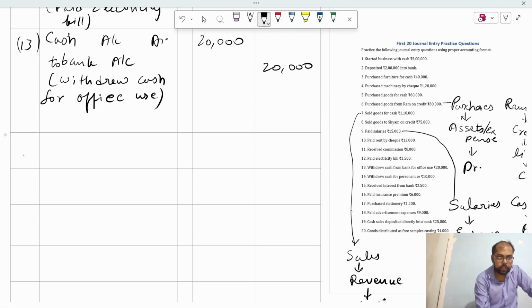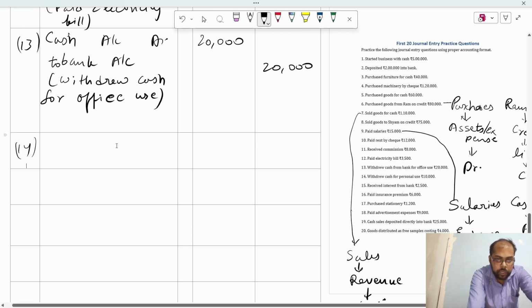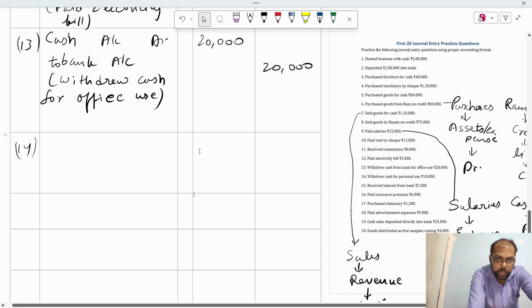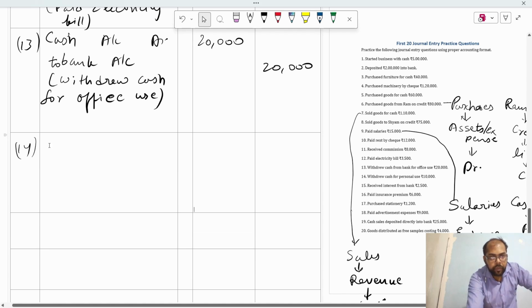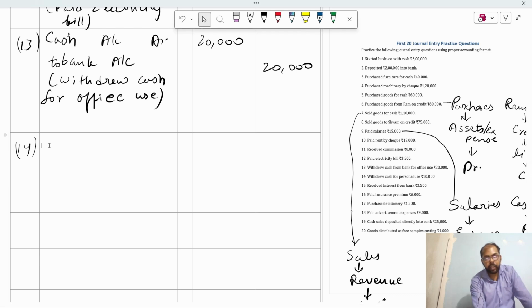When the proprietor, meaning owner, withdraws cash for personal use, he is actually withdrawing from his capital. I am repeating it again. When proprietor withdraws cash for personal use, he is actually reducing his capital.